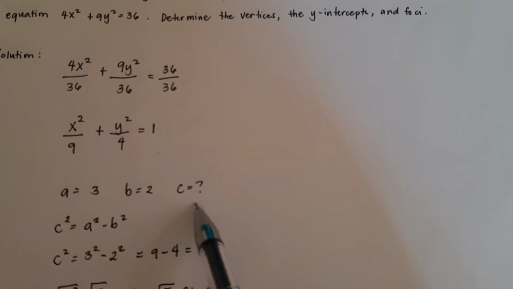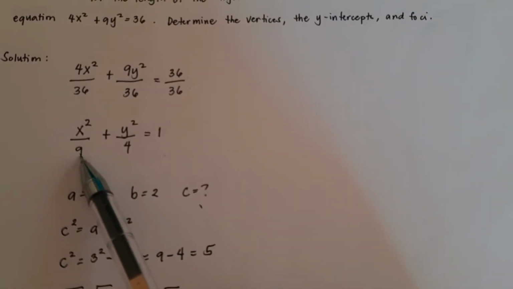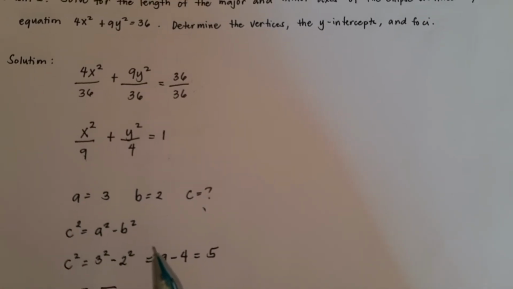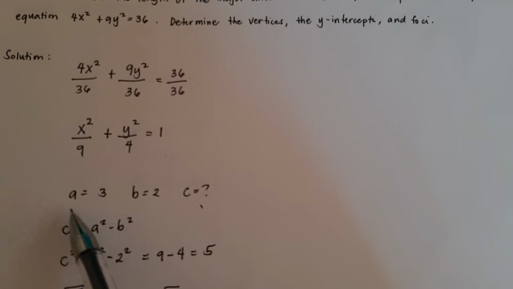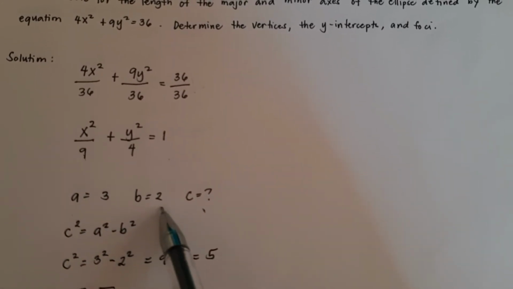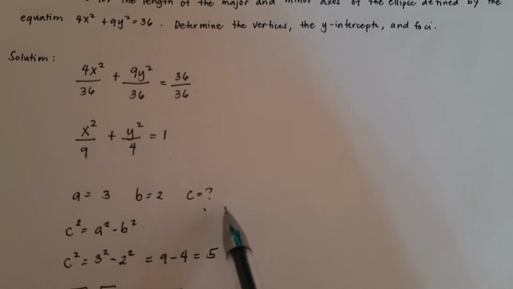Since we know that the higher number is under x squared, therefore, your principal axis is on the x-axis. So, your a is 3, which is the square root of 9, and b is 2, which is the square root of 4, and the value of c is missing.